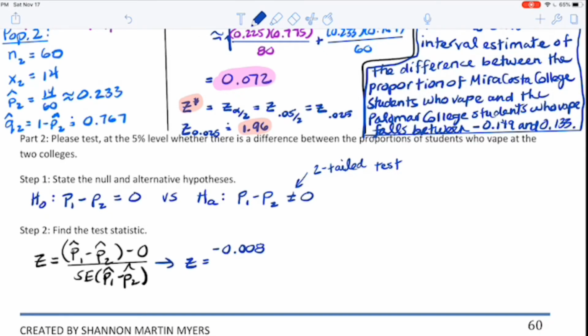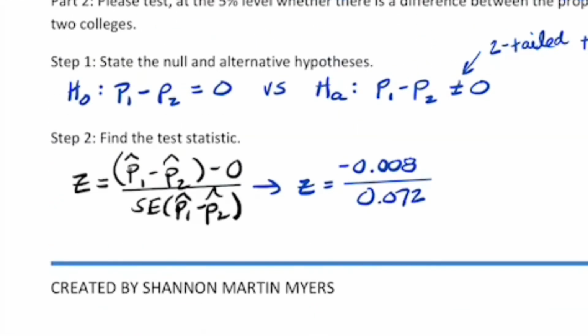If you take away 0 from that, you still get negative 0.008. And then the standard error we found before to be 0.072. So just so you remember where we got those from, this was our p hat 1 minus p hat 2. And then this right here in the denominator is the standard error for that difference.